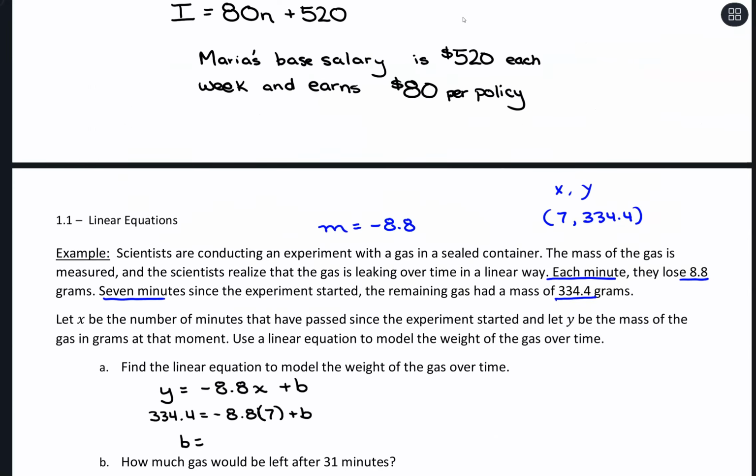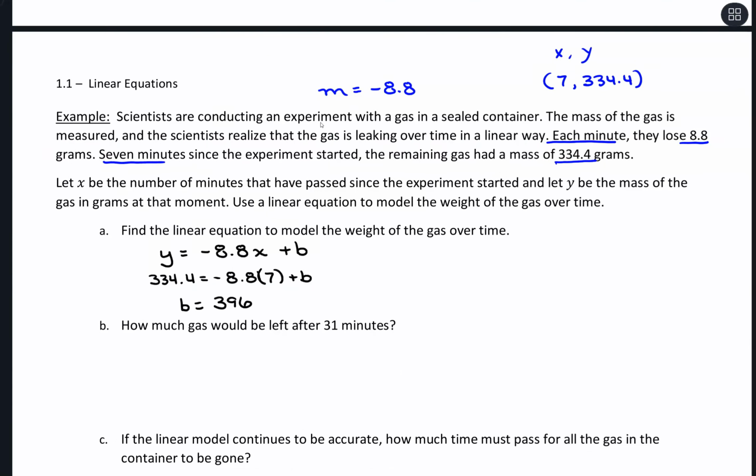So we will take 334.4, add on 8.8 times 7 for 396. So our equation is y equals negative 8.8 times x plus 396.